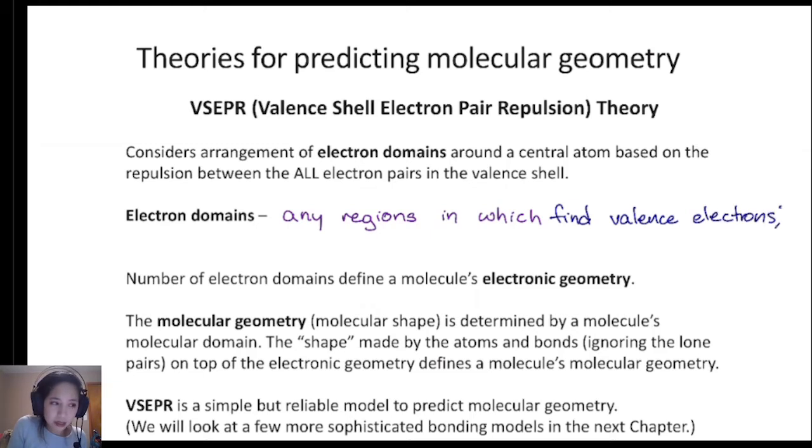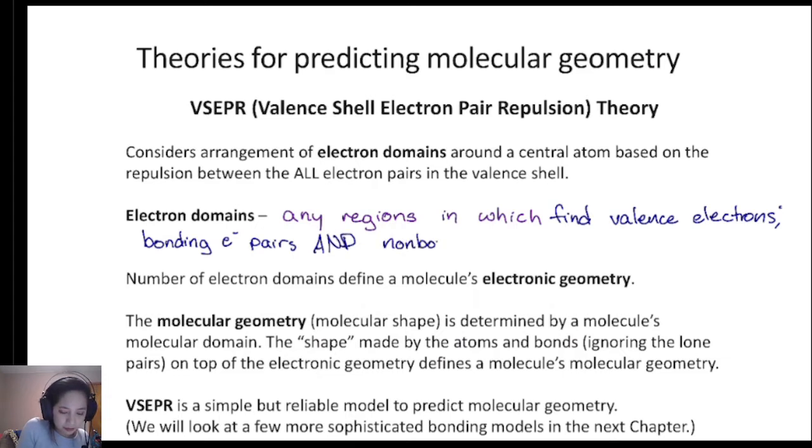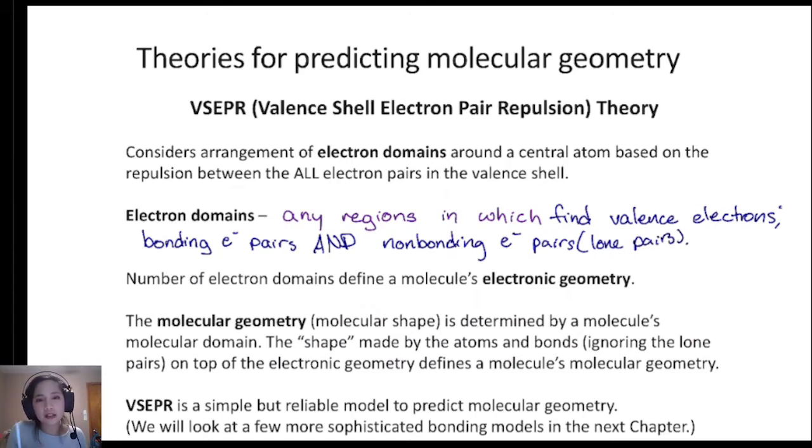And again, that means bonding electron pairs and non-bonding electron pairs, or lone pairs. It's the number of electron domains that defines a molecule's electronic geometry. So electron domains define electronic geometry.